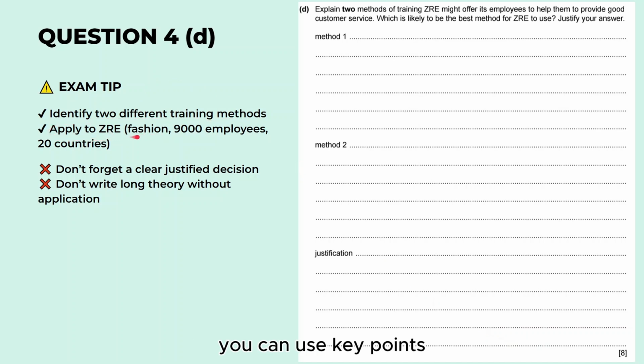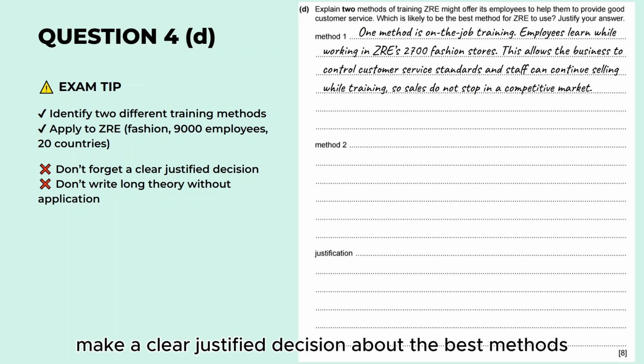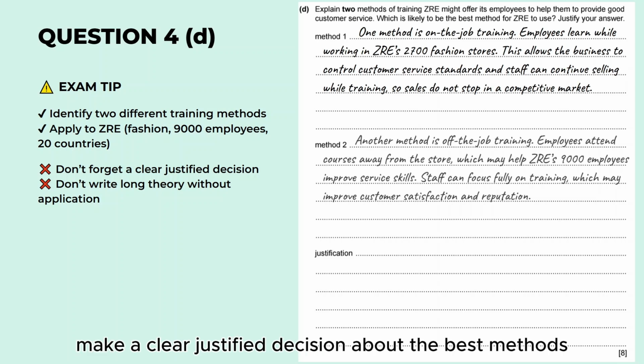You can use key points: fashion retailer, 2,700 shops, 20 countries, 9,000 employees, competitive market. And AO3 analysis, explain the impact, and AO4 evaluation, make a clear justified decision about the best method.